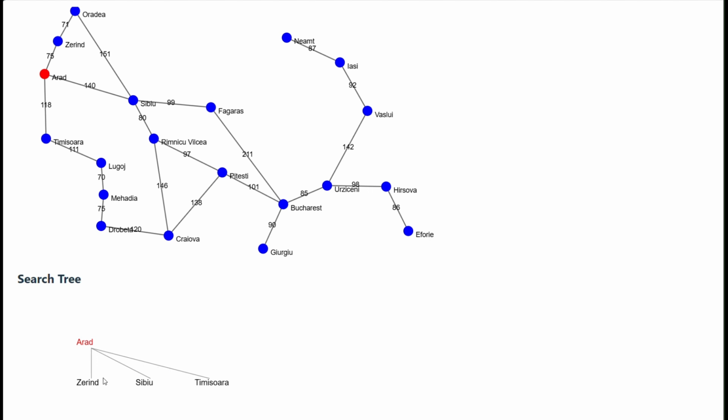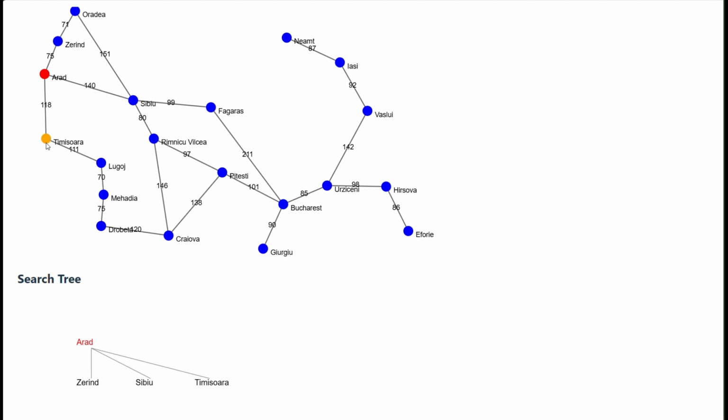Each branch has a certain node at the end of it, and that node could be expanded to more and more nodes. So we can see in this case, the nodes that have been expanded are the neighboring cities of the starting point, which in this case is Arad.